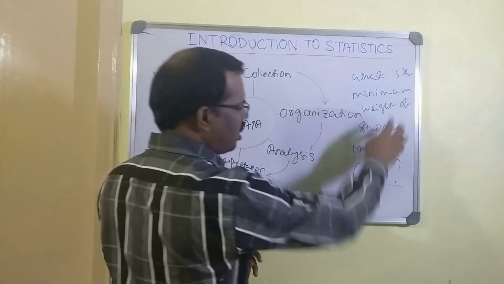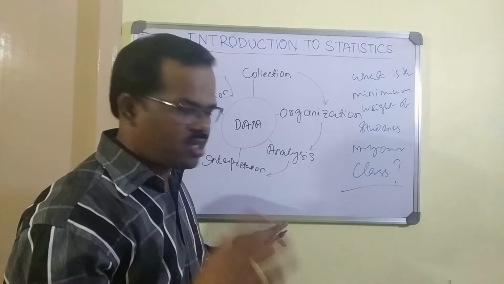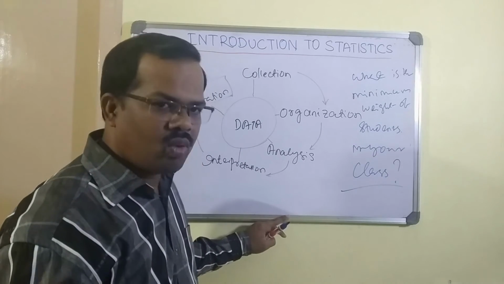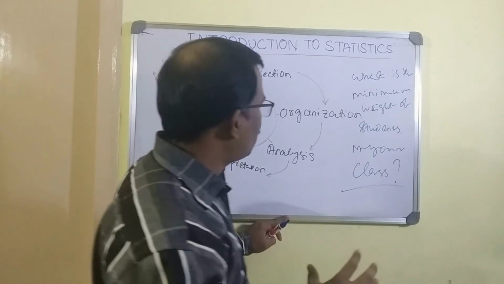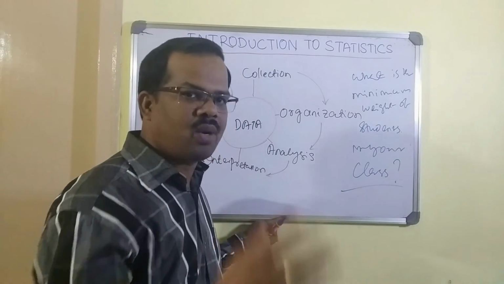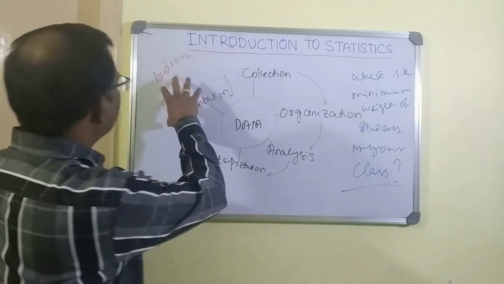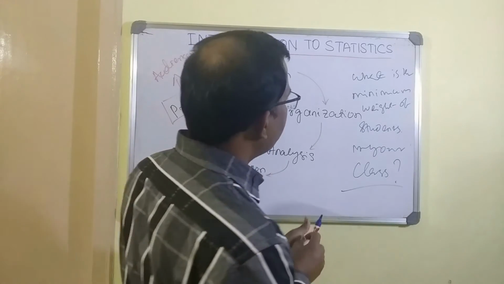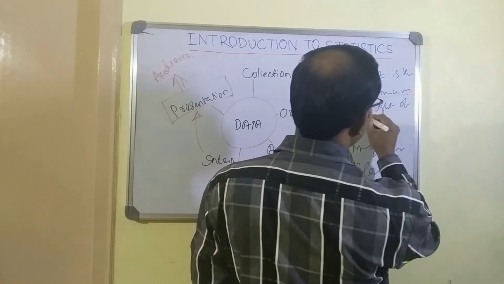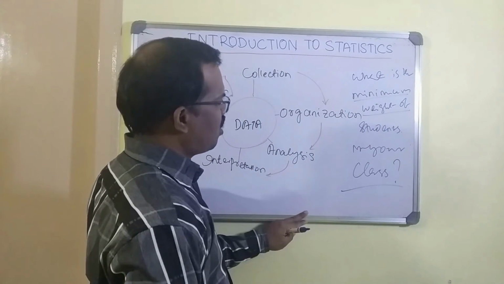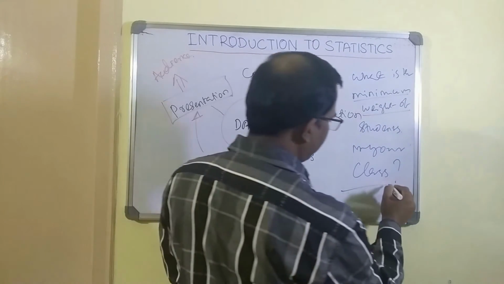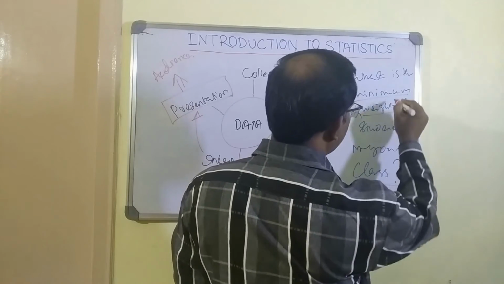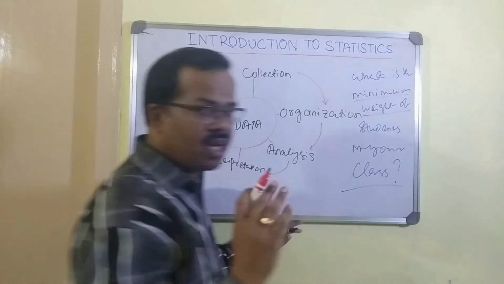So this becomes our question. Now we have to think about what we are going to present. Now, this is our ultimate aim. What we are going to present is the minimum weight of students of our class, right? So this is what we are going to present, minimum weight.